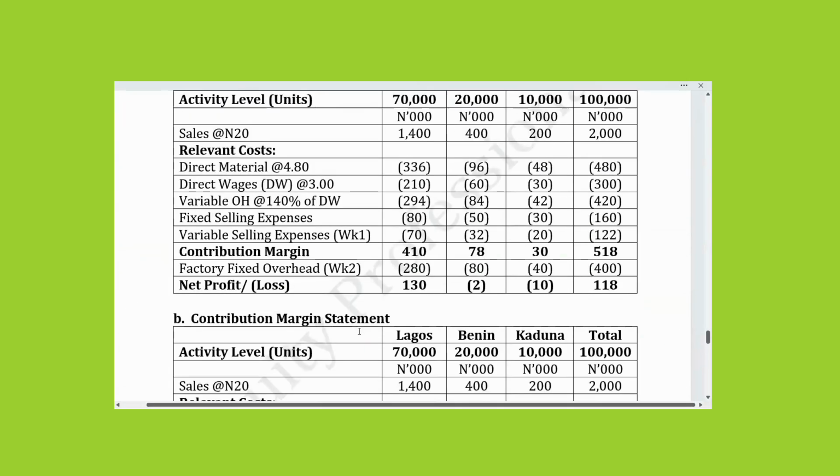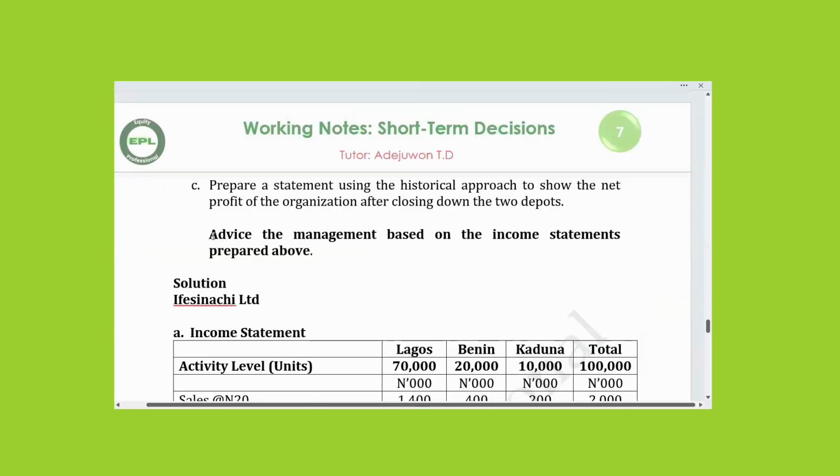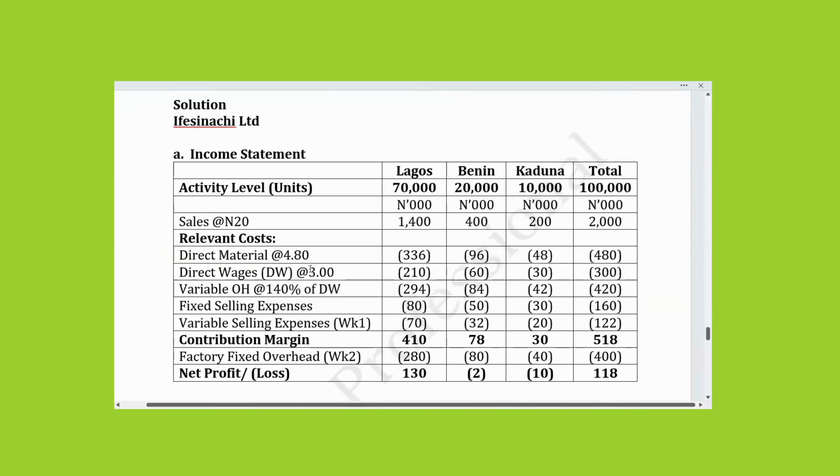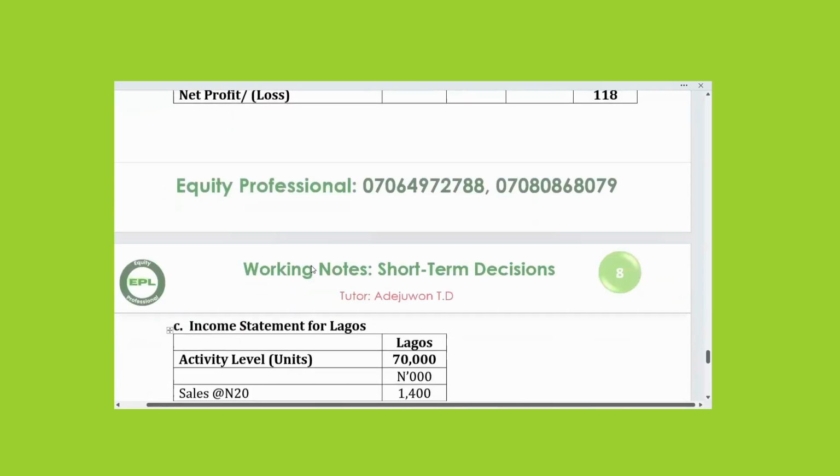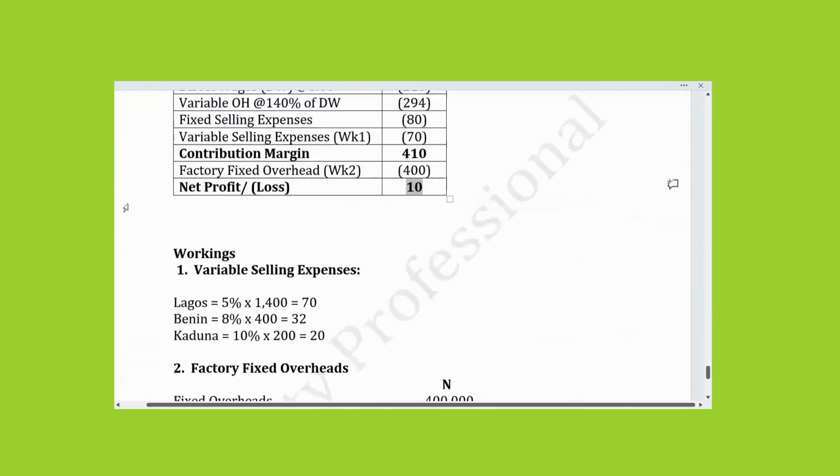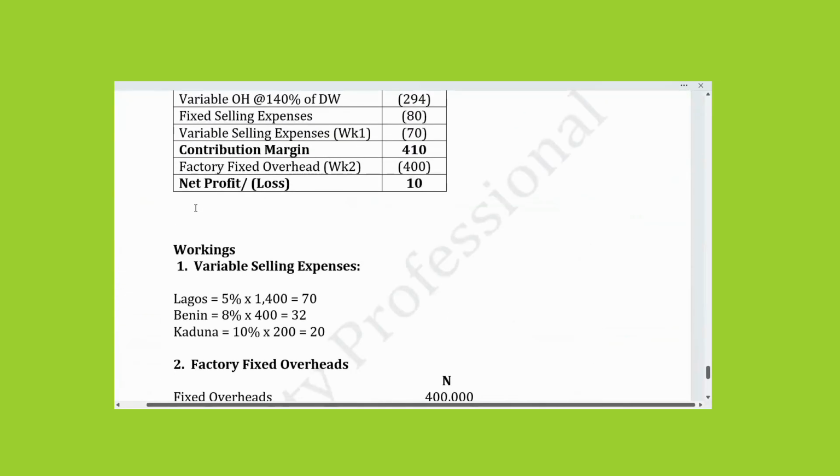Then finally, the examiner is asking you to advise the management based on the income statements prepared above. So now it's time for us to advise. Remember, we said that if it is positive contribution, do not delete the segments.